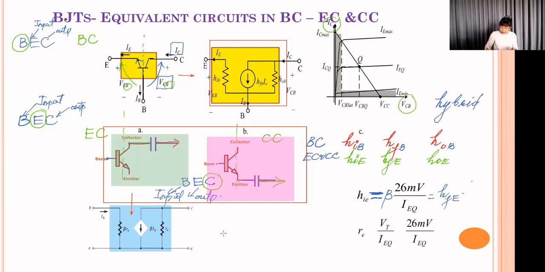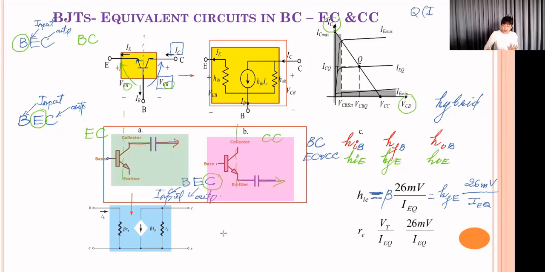And 26 millivolts over IEQ, the current of the emitter at Q. You will ask me where the value is. This is the first question when we answer about the position of the key point, right?